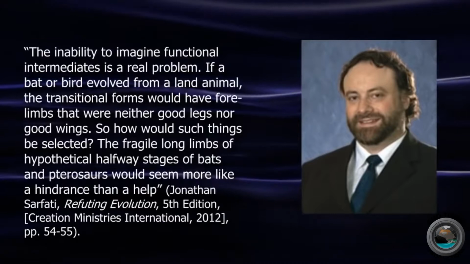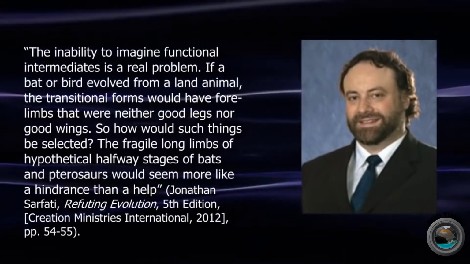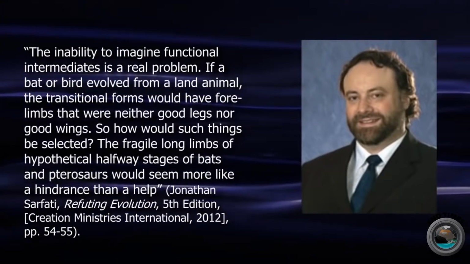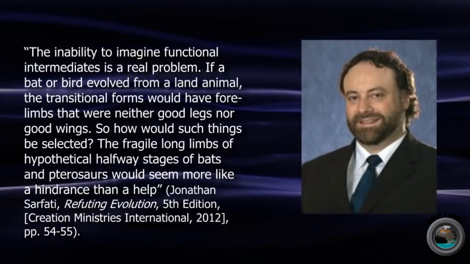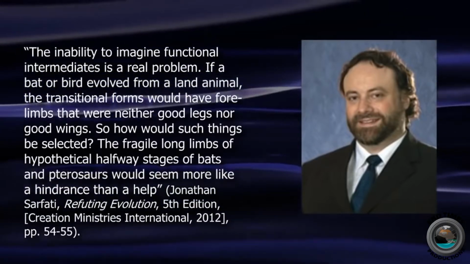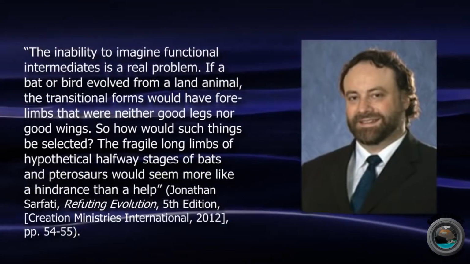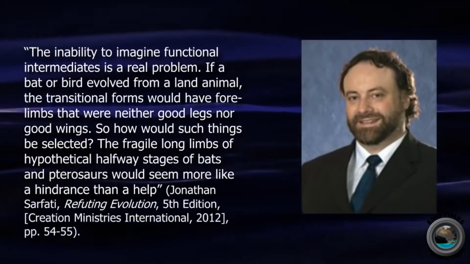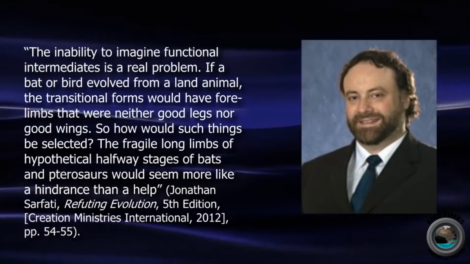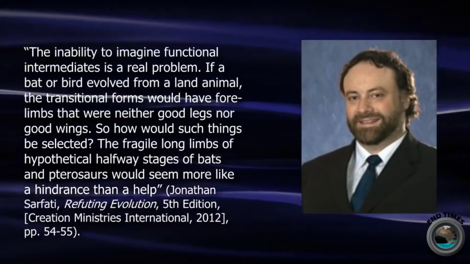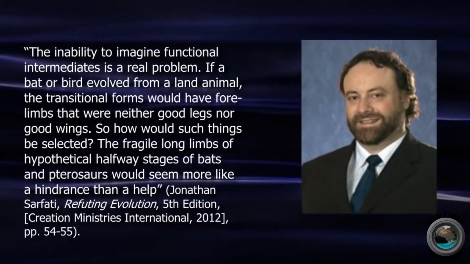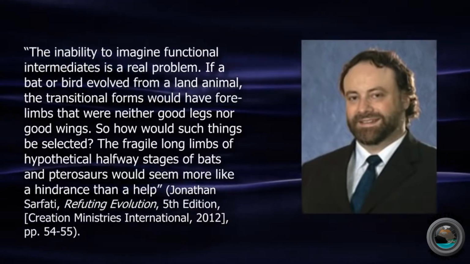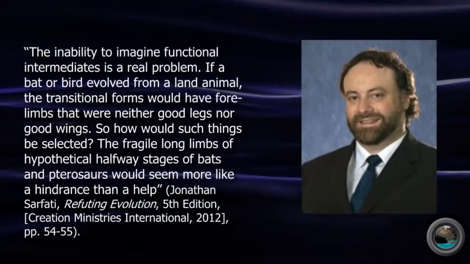A final word on transitional forms from Sarfati, quote, "The inability to imagine functional intermediates is a real problem. If a bat or bird evolved from a land animal, the transitional forms would have forelimbs that were neither good legs nor good wings. So how would such things be selected? The fragile long limbs of hypothetical halfway stages of bats and pterosaurs would seem more like a hindrance than a help," unquote.